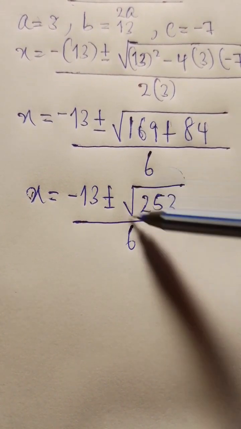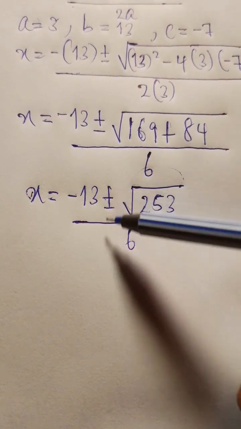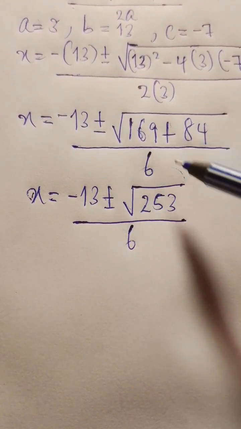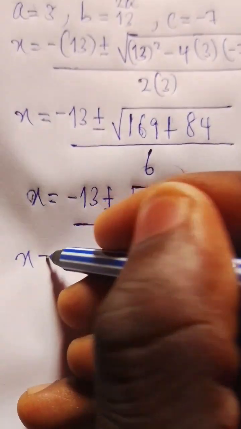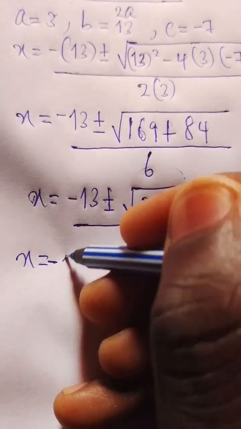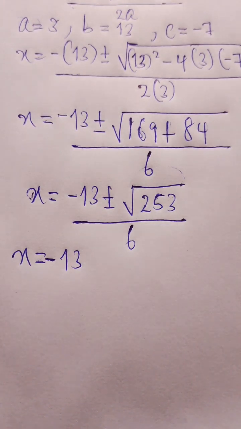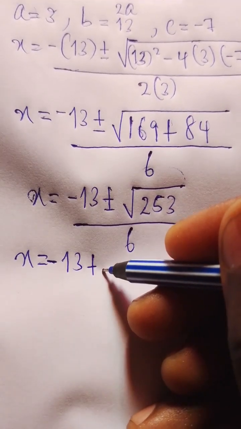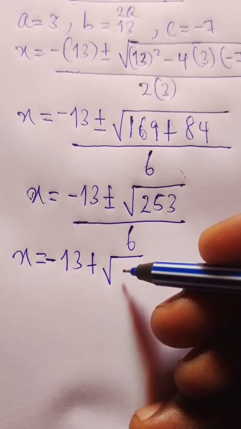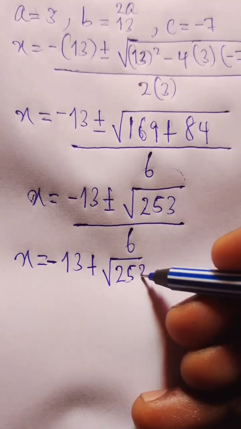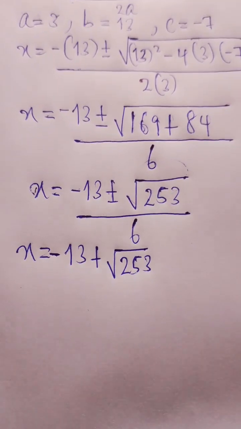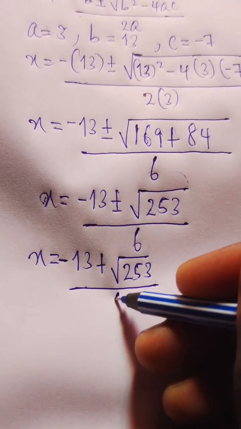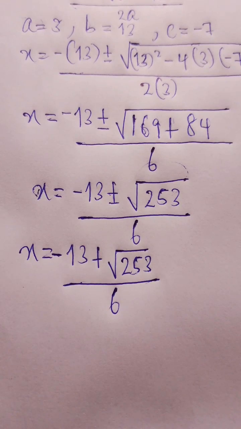We know that the result from the square root can either be positive or negative. No wonder we're saying positive or negative here. So x is equal to negative 13. In our first case, we're going to take the positive square root of 253 over 6.